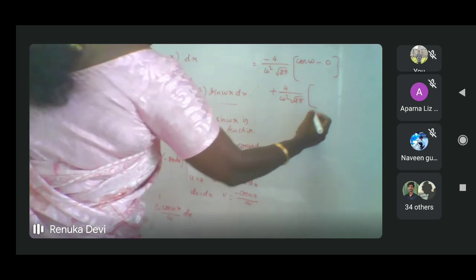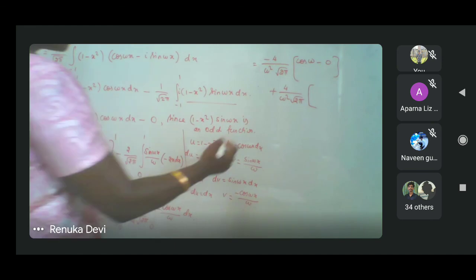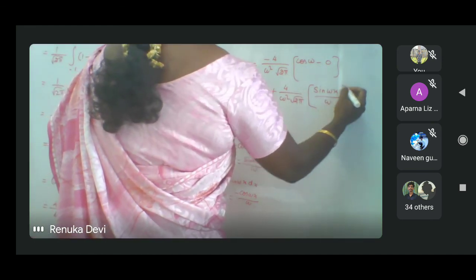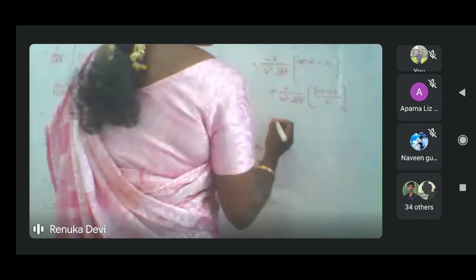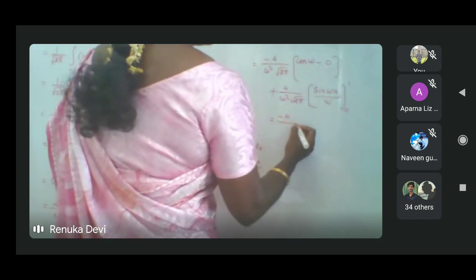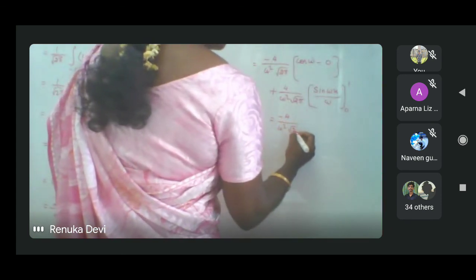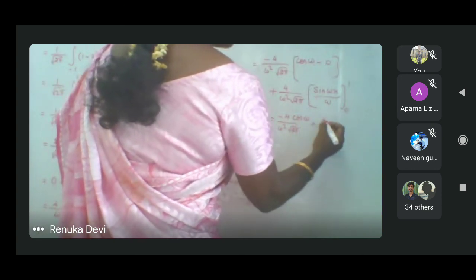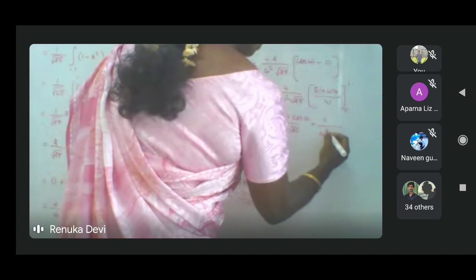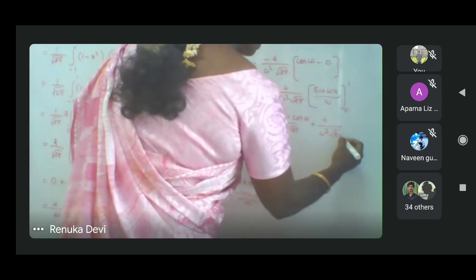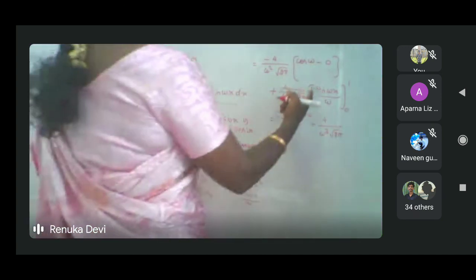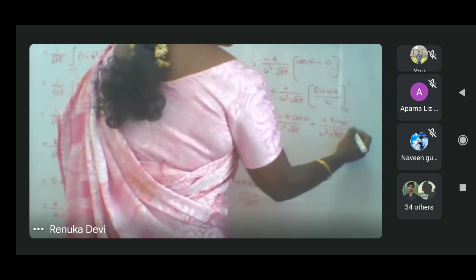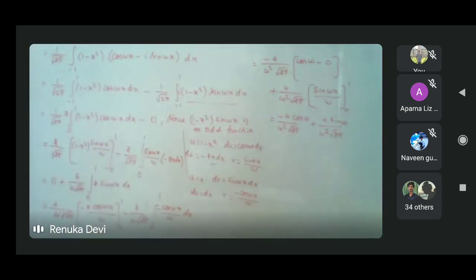Now we integrate cos, that is sin wx by w. Limit is 0 to 1. So what do you get? Minus 4 by w squared root 2 pi into cos w plus 4 by w cubed root 2 pi, and substituting the upper limit, it is sin w, lower limit it is 0. This is the thing we are getting.